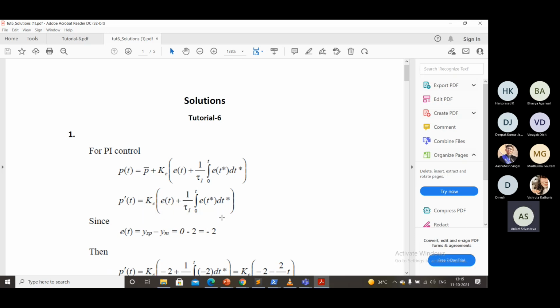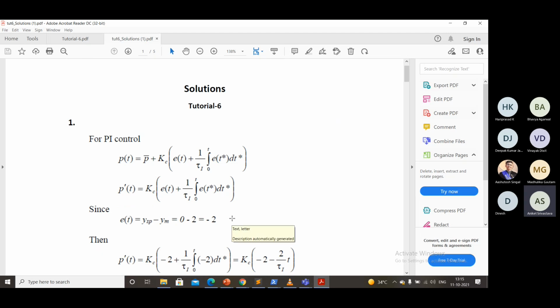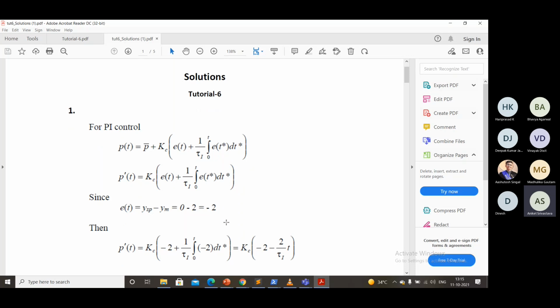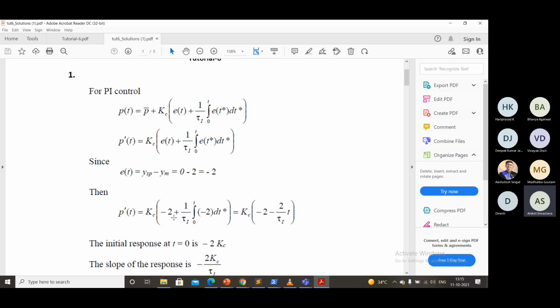Now we are given that there is a step change of -2 from the set point. So our error will be a constant function with respect to time, just -2, and when we put -2 and do the integration, we get our equation for the output in terms of deviation variables as Kc into -2 by tau I times t.